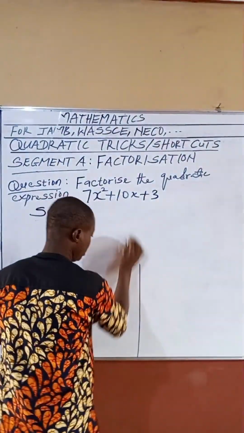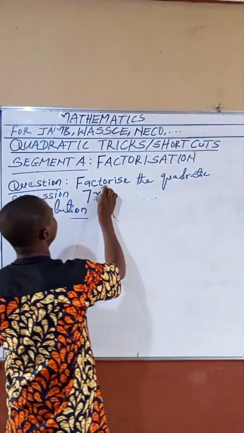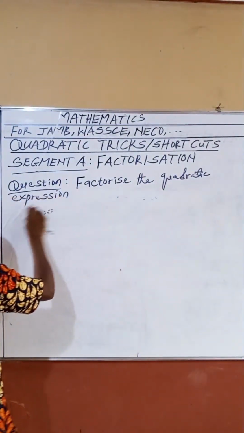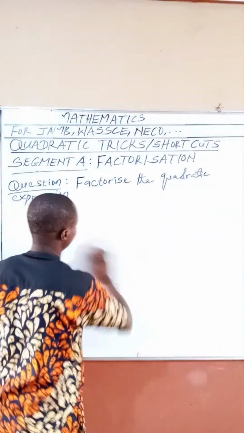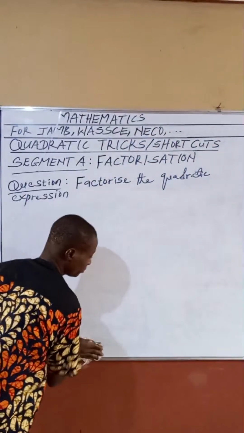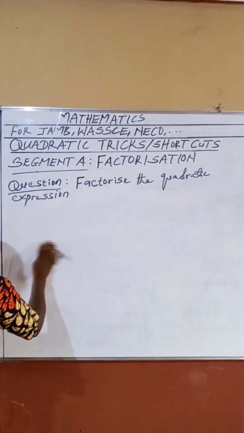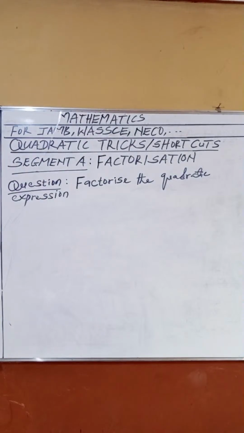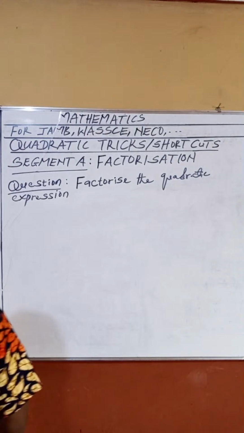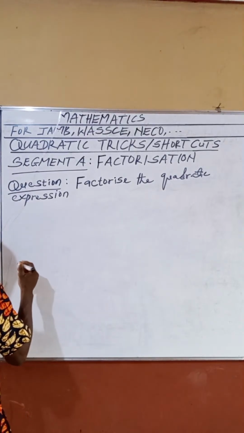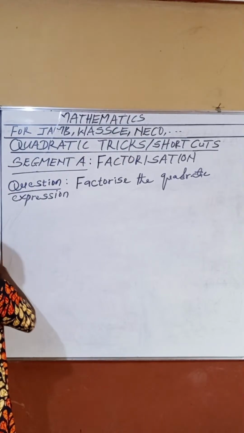So let's look at this one. We are going to be looking at the third one here, and this will be the last one for the class before we go, because this one is very important. I place it here because it has different signs.